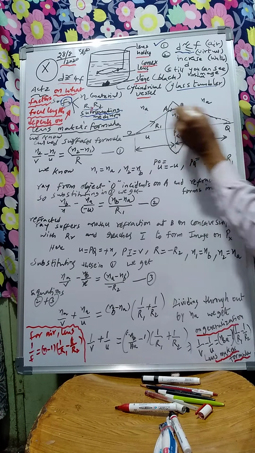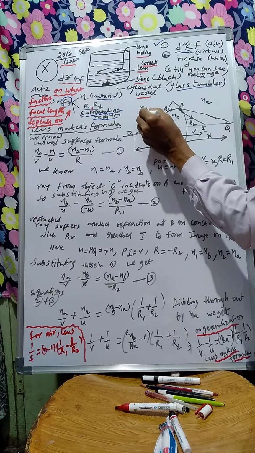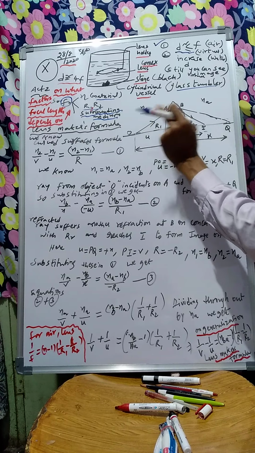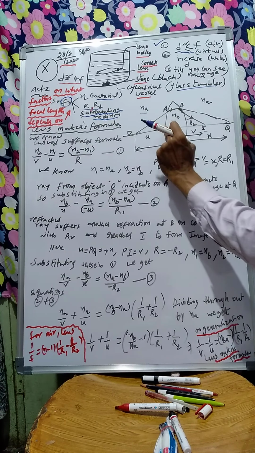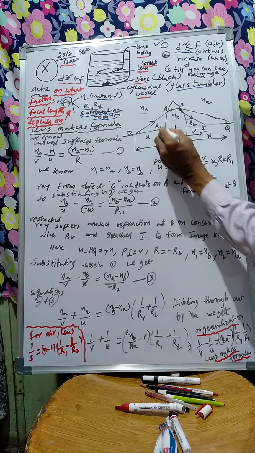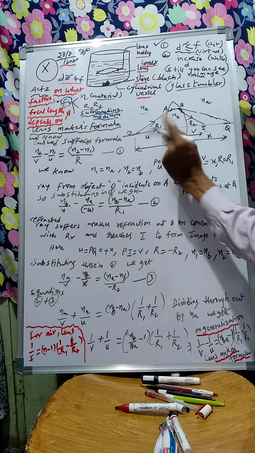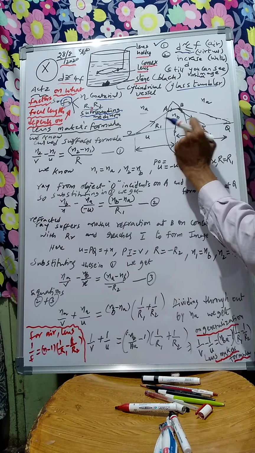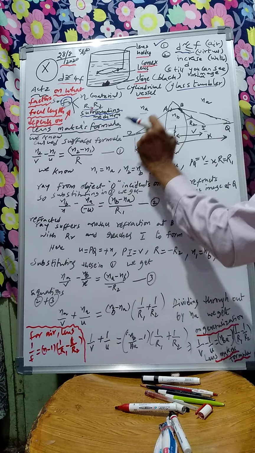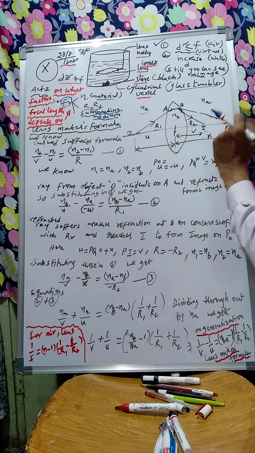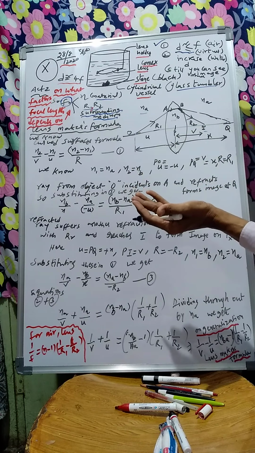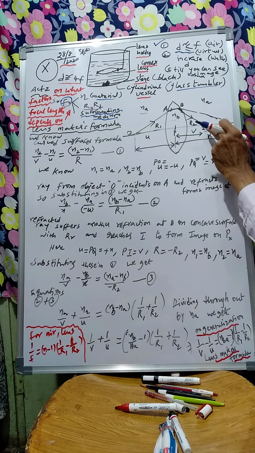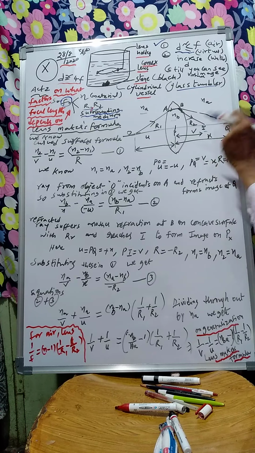Let NA and NB be the refractive indices of the first medium and the second medium, which is the lens. The radius of curvature for this surface is R1, and for the other R2. R1 is negative and R2 is positive, and u, being against the incident direction, is negative. These are all positive. This is the normal, A and B are the points of incidence, O is the object, and Q and I are the images: first image, second image, and this is the final image.